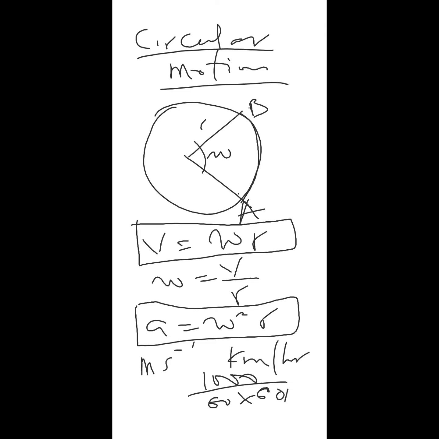So if you do this, you cancel this, you cancel this, you cancel this. So what you are going to have from meter per second to kilometer per hour is 10 over 36. Let me do this.